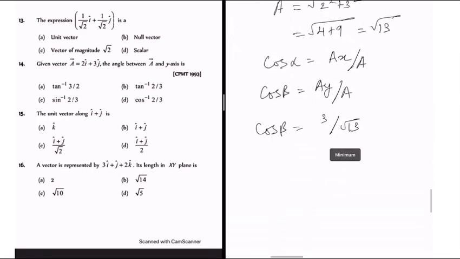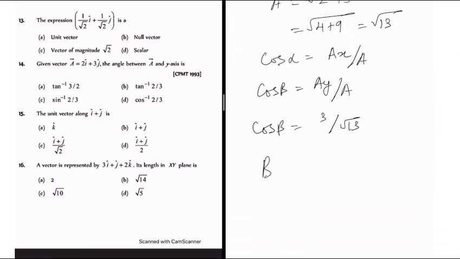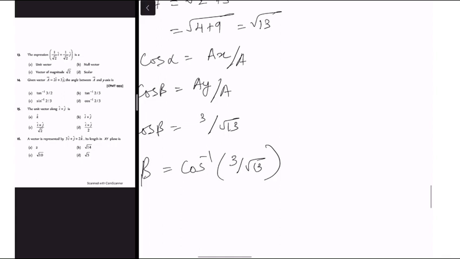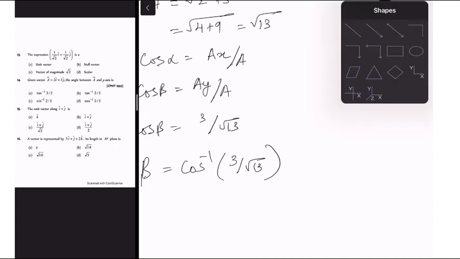So your beta is cos inverse 3 upon root 13. Okay, now just draw a triangle for this. Draw a triangle for this. Right angle triangle.